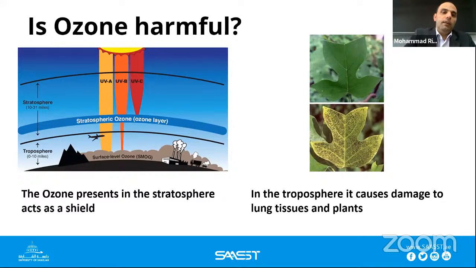So when the ozone layer is removed, more UVC rays will reach the Earth's surface, and it will be very harmful for life in general, by the way, not only for human beings. So it's called the stratospheric ozone.